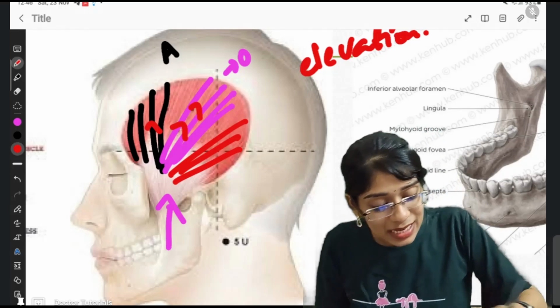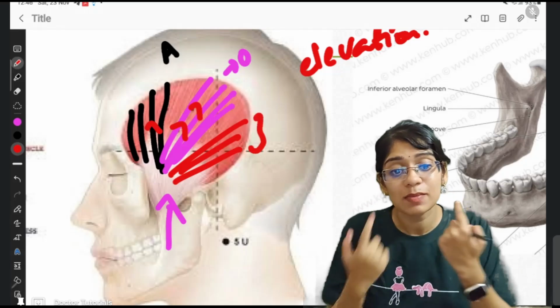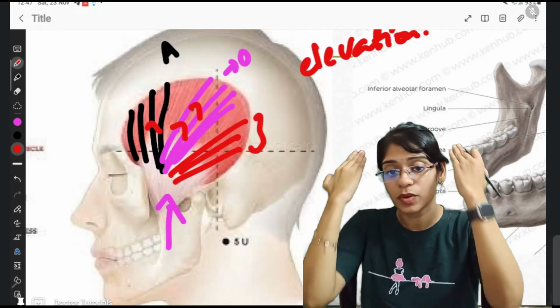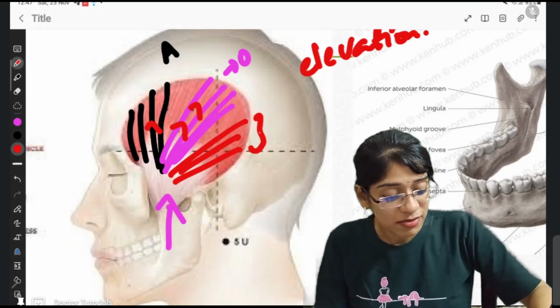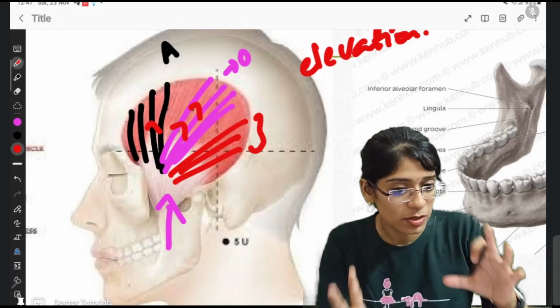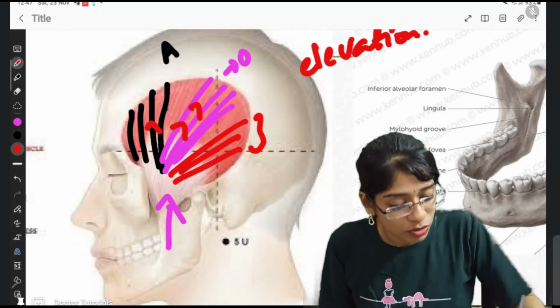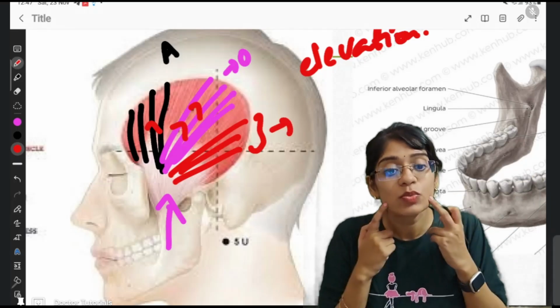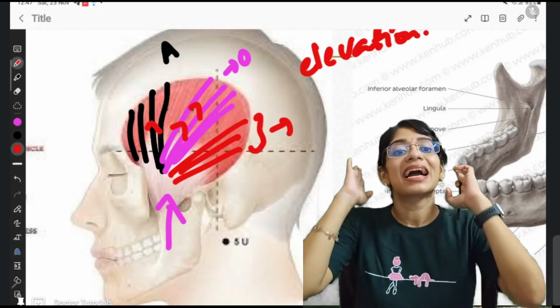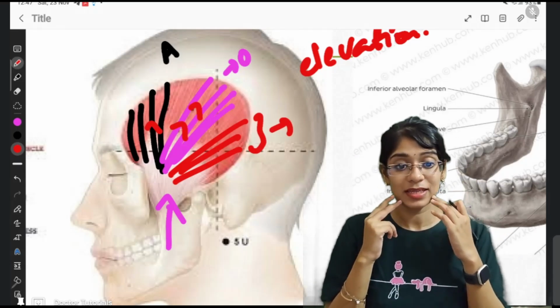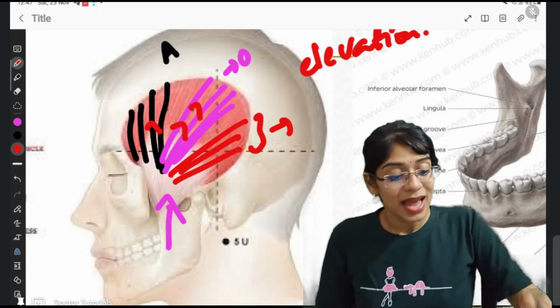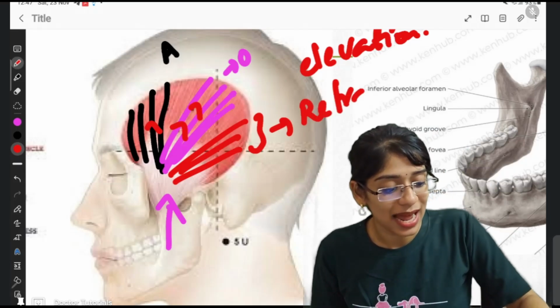And this posterior part that you have here, see, it's going backward. So when the posterior fibers of the temporalis muscle contract, it will pull the mandible backwards, and that backward movement of the mandible is called retraction.